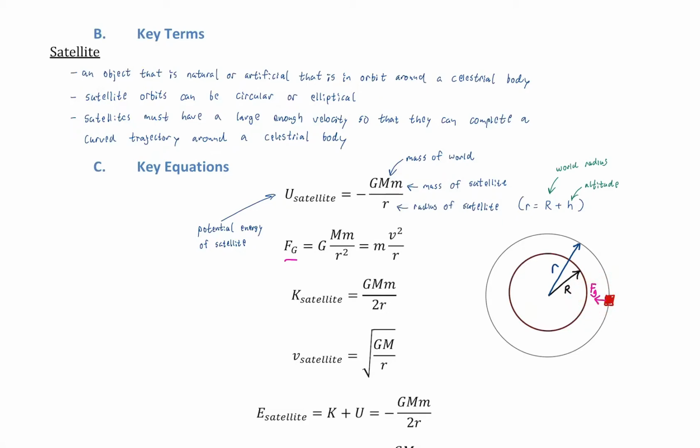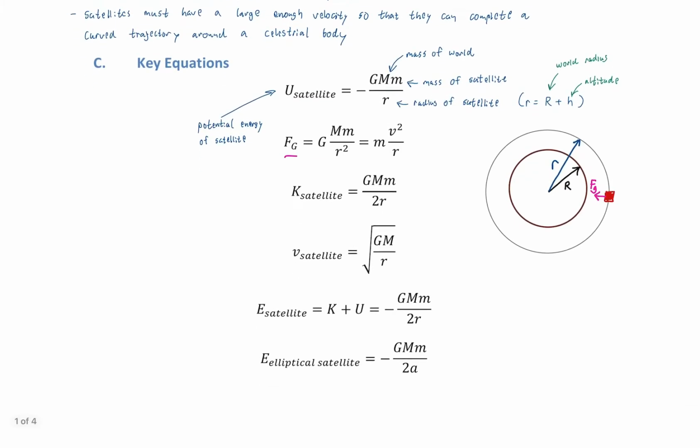And we know from before, talking about circular motion, that that gravitational force is a form of centripetal force. And thus the mass of the satellite times centripetal acceleration is that force. Okay? And so here we have the gravitational force, universal gravity, set equal to mass times centripetal acceleration.